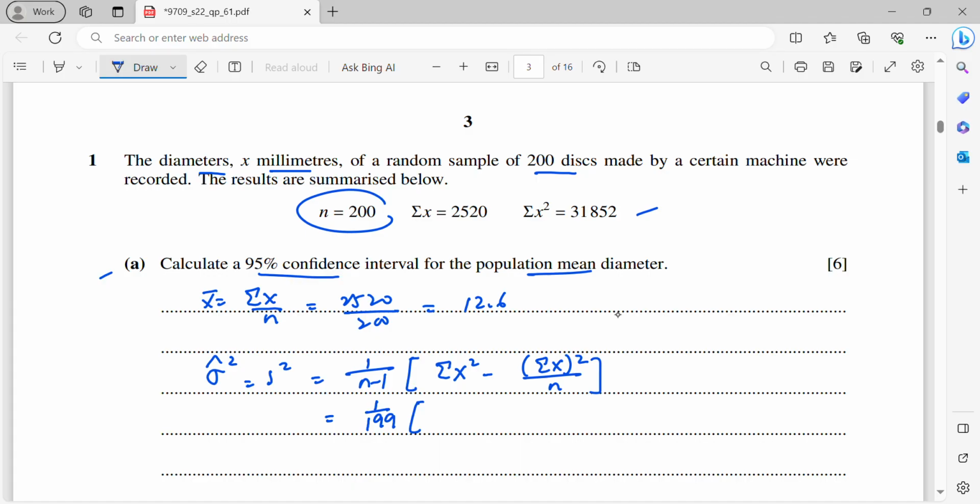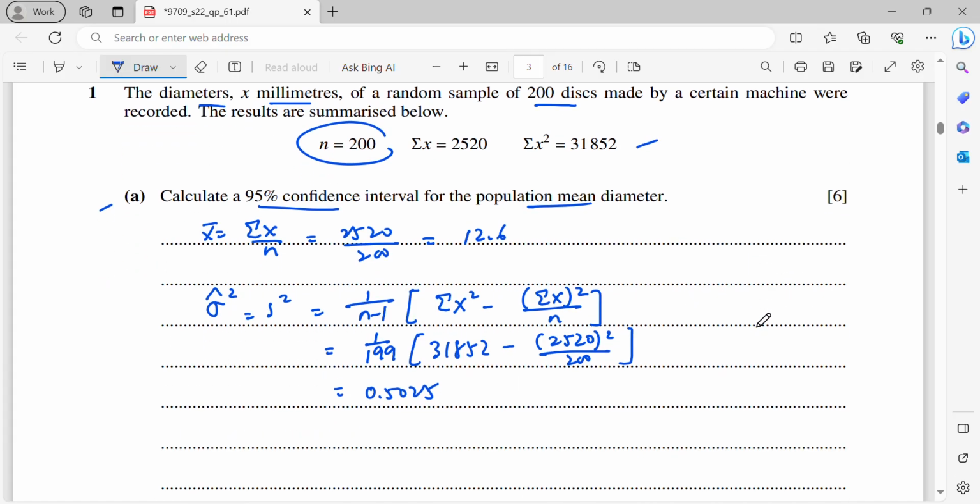Then summation x squared is 31852, then minus square of 2520, then divided by 200. So at last, you will be getting 0.5025. I give 4 significant figures here as the working.